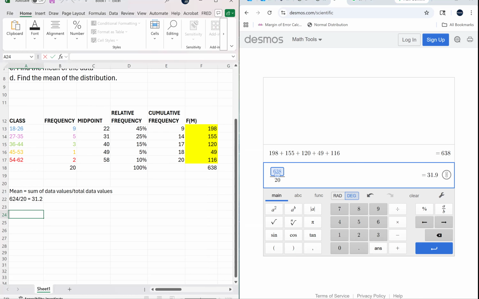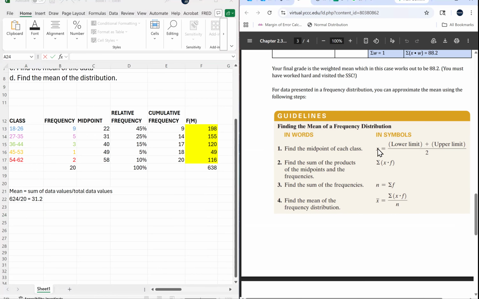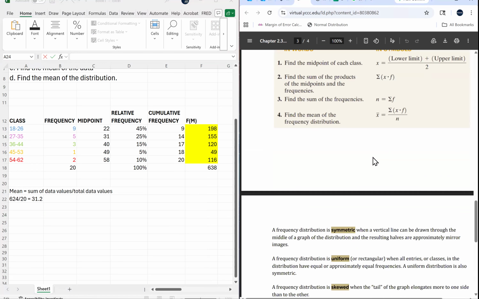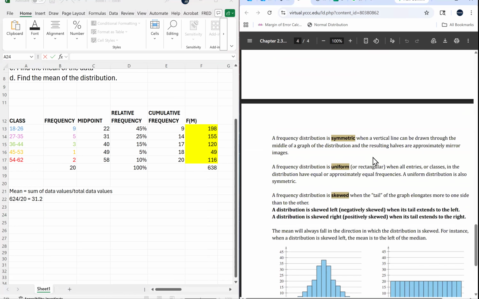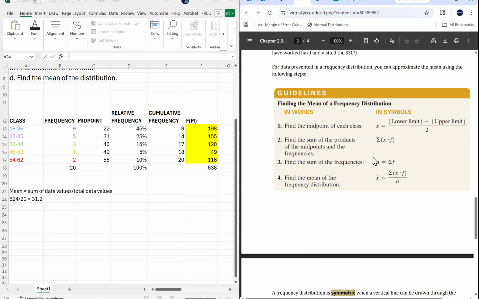Okay. So if this is a written assignment and the instructor wants you to write down formulas used, you'll want to write down, at the very least, step number 4, this formula here. Or if you look at the notes, I think it's this one. You can look through it, or the videos where there's an example given. I know your textbook has one at the very least, and you can write it the way that they do if you'd like. But at the very least, I would write down step number 4 formula.